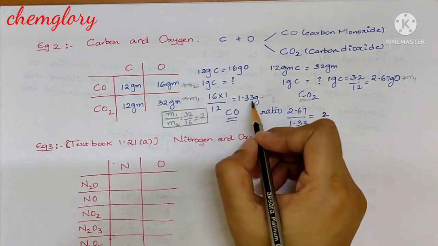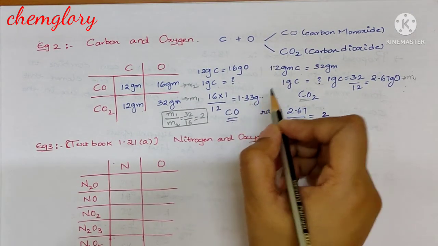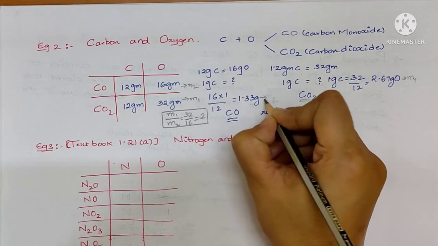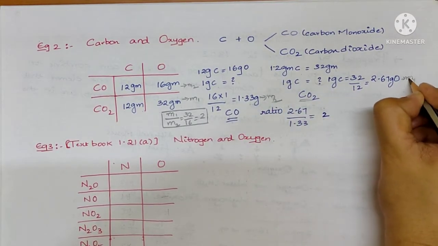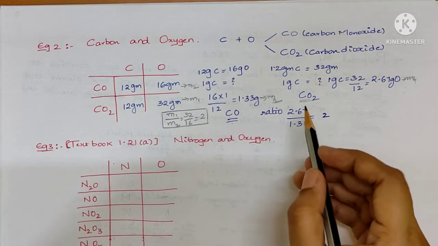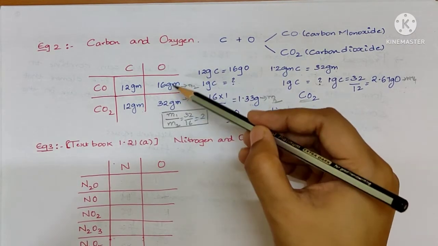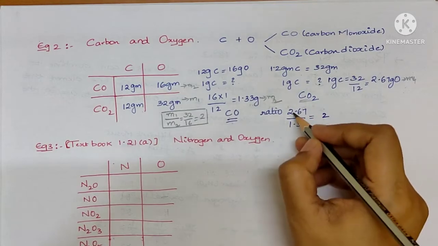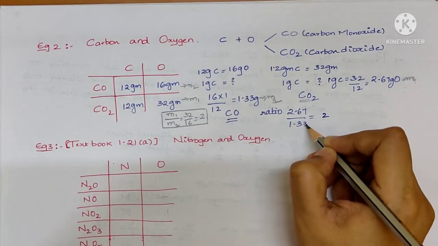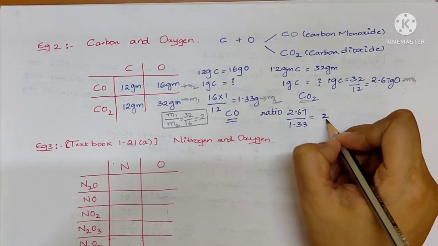Let us denote 1.33 grams as M2 and 2.67 grams as M1. Finally, we have to take the ratio of oxygen in the two different compounds. So 2.67 by 1.33 grams is equal to 2.